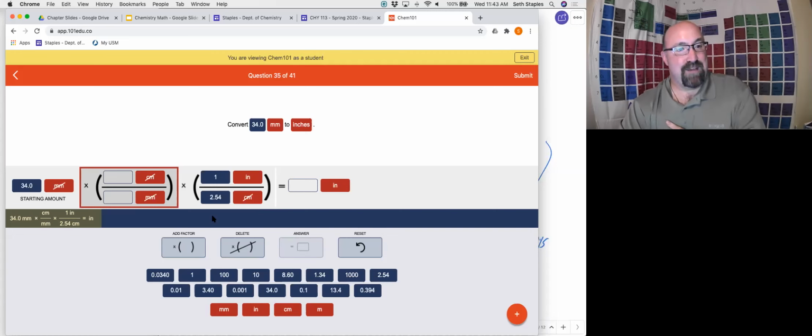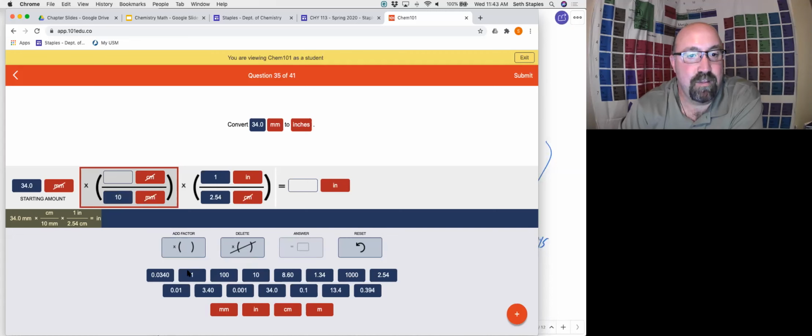So now we have to think about our conversion between millimeters and centimeters. A couple different ways you could go about this. You could either, just looking back at our metric conversions, recognize that there are 10 millimeters per every 1 centimeter. It's one way to do it.